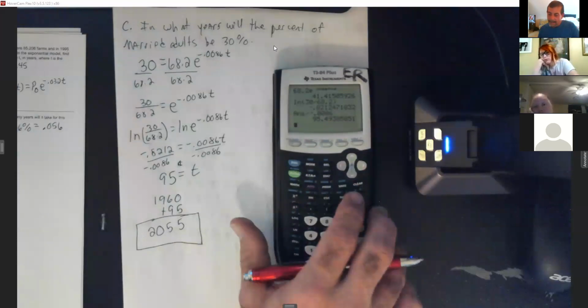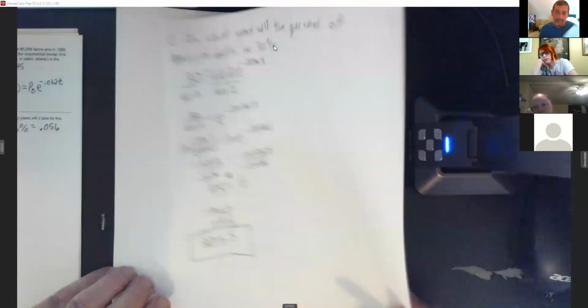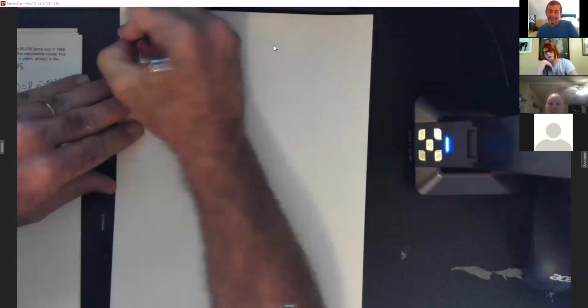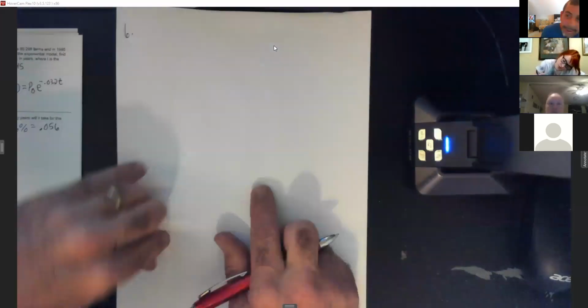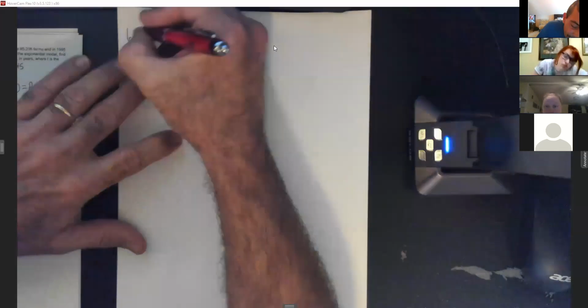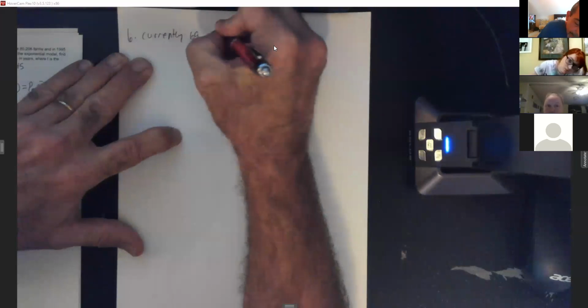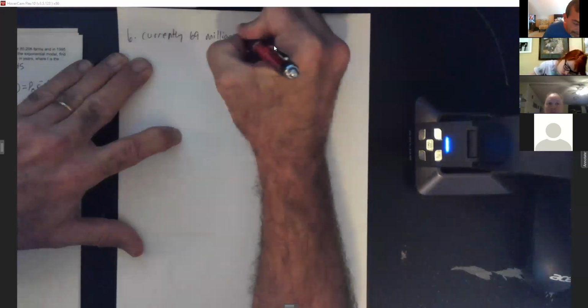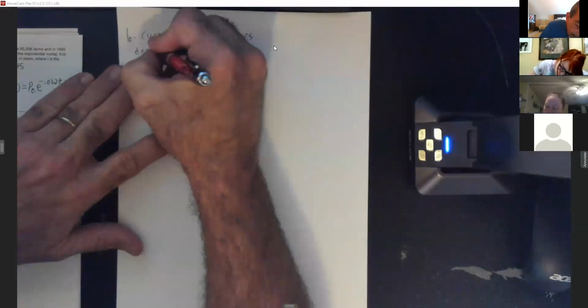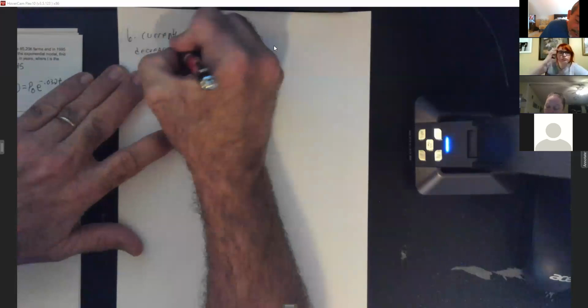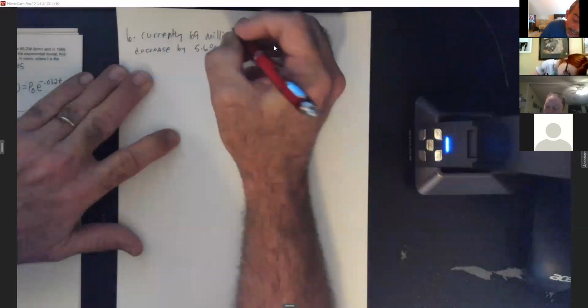All right, so I think I can get through some of these short ones back here. So this will be like number 6. There are currently 69 million cars. They decrease by 5.6% annually.